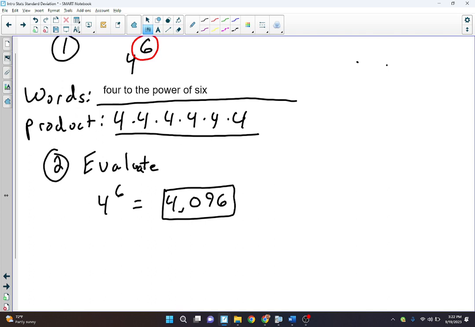Okay, next one. You're going to evaluate the expression. So that's evaluate an exponent. Here's evaluate the expressions.